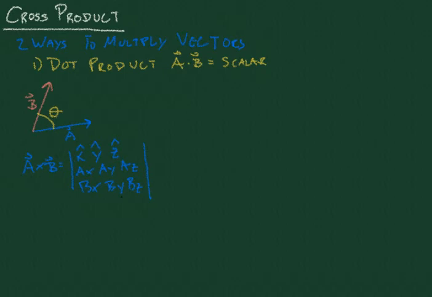So you can either remember how to do determinants, and the easiest way to solve one like this is, you go down this diagonal. So you say we have x hat, and then ay bz minus by az.